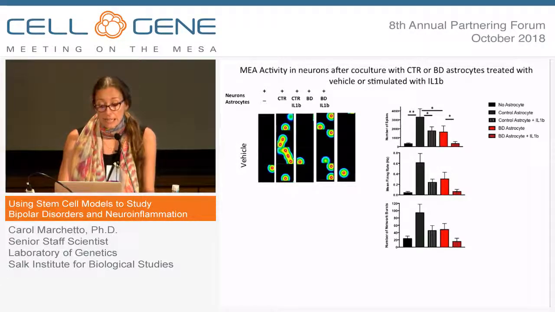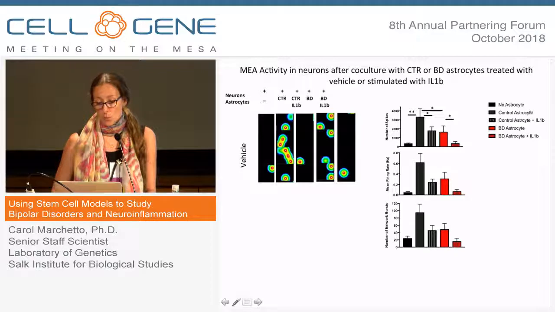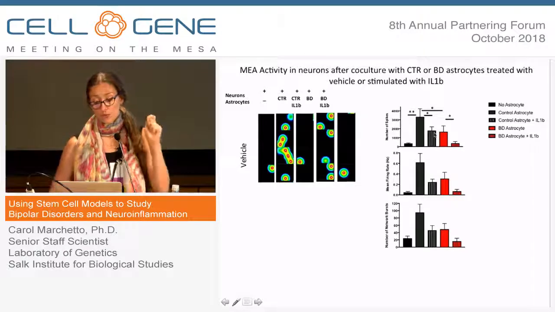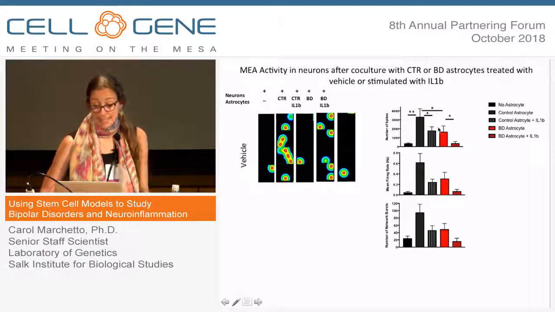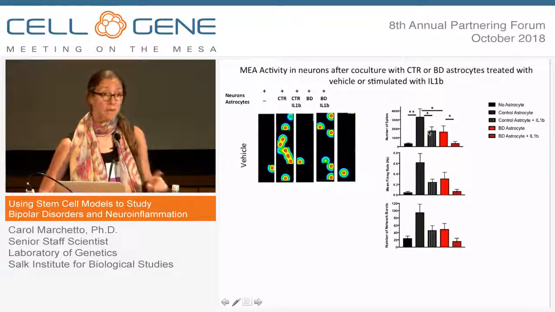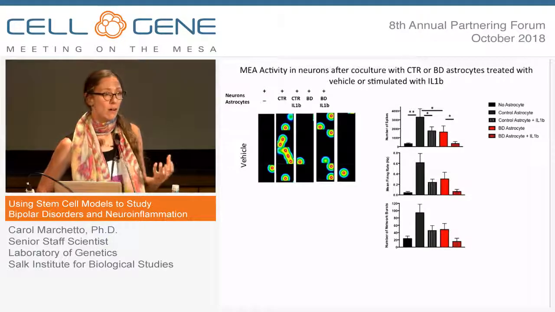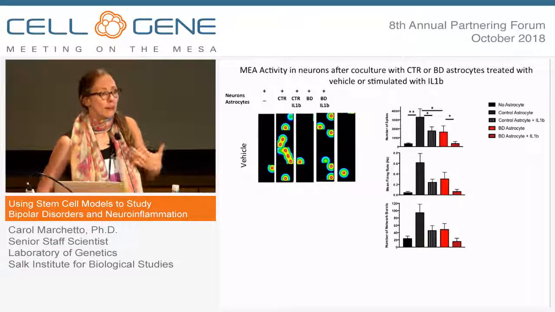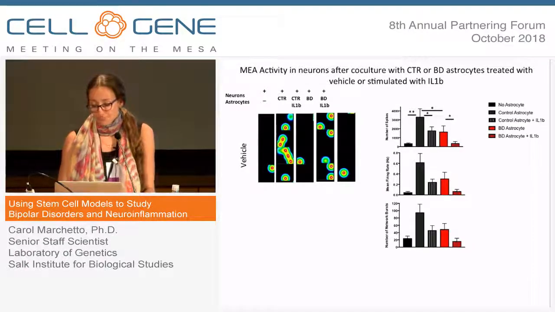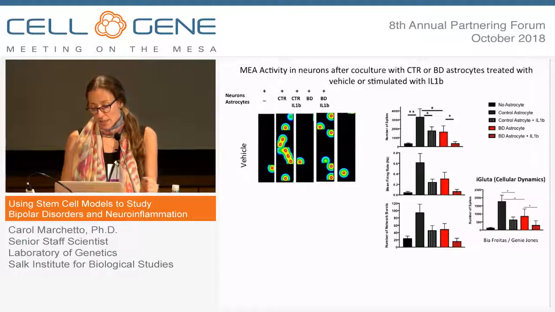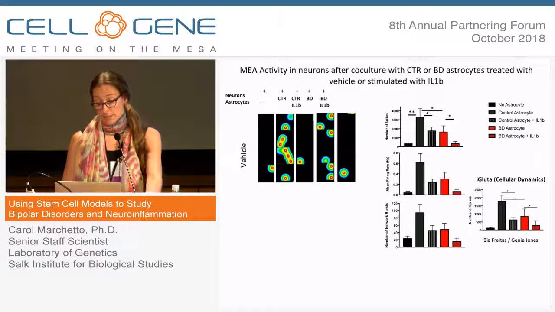And what I find really interesting here is that when you compare the control co-cultures with control astrocytes treated with IL-1 beta, that's actually comparable to bipolar. So it's almost like bipolar has this inner inflammation levels.